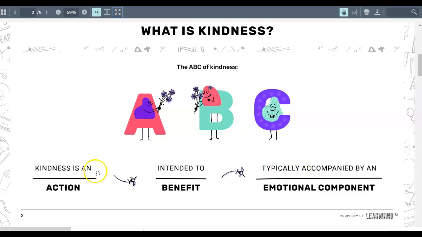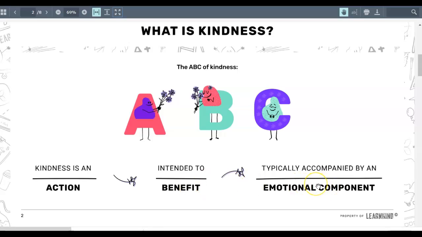Then that action that is intended to benefit will typically be accompanied by some kind of an emotional component, which means I have some kind of an emotional reason, or some kind of an emotional consequence or result of that action that benefits somebody, right?